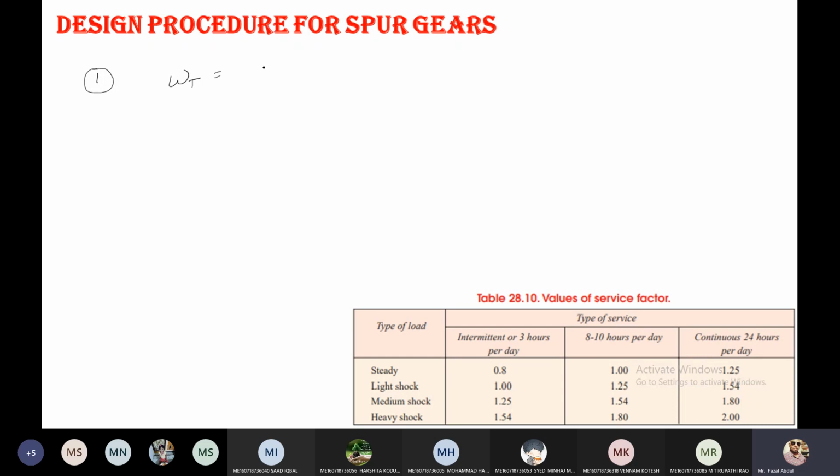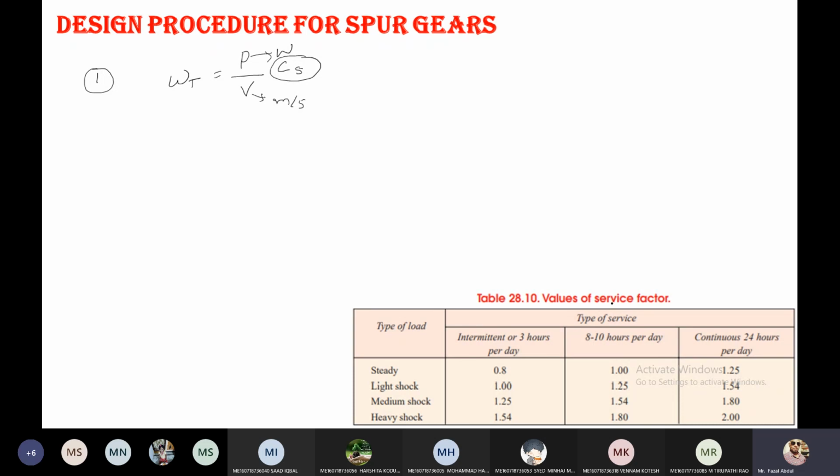To calculate WT we have one empirical relation: power transmitted by the gear divided by pitch line velocity, into Cs, the service factor. Power is in watts and pitch line velocity in meters per second. The service factor we have to take from the table.